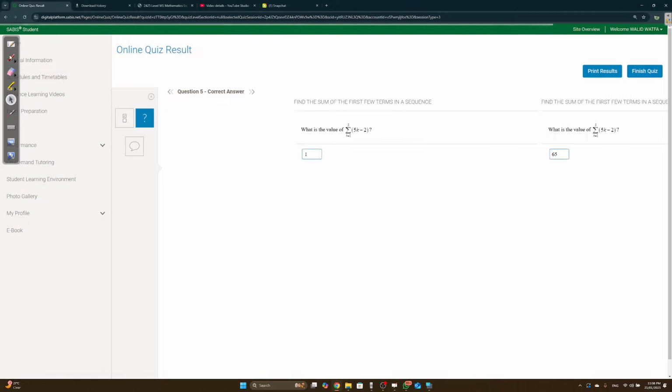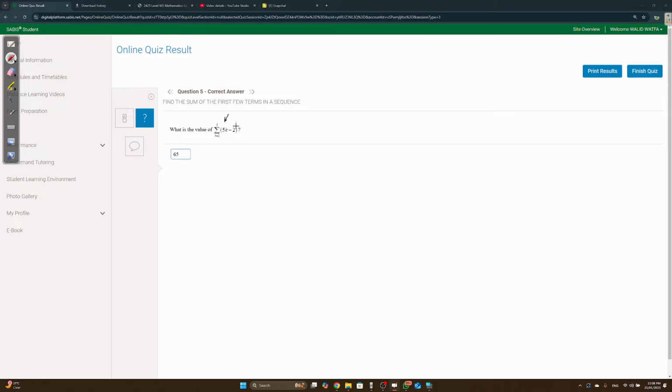Question 5. What's the value of sigma 5k minus 2? Very, very easy. I don't think I have to explain this. You can start by doing 5 times 1 minus 2, 5 times 2 minus 2, 5 times 3 minus 2, 5 times 4 minus 2, 5 times 5 minus 2, because it goes up until 5.